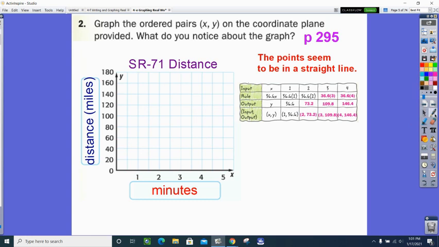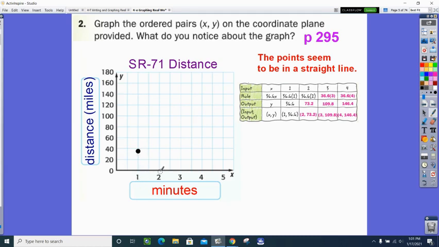Now, once you've set this up, we need to plot the points. When we go to plot those points, notice I'm going to plot 1, so that's easy, 1 in the x direction, and I have to go up 36.6. This is going to be an estimate. It's not going to be in the crosshairs of a vertical and horizontal line. So 20, halfway up would be 30, and then halfway from that to 40 would be 35. So I'm thinking it's right about there.